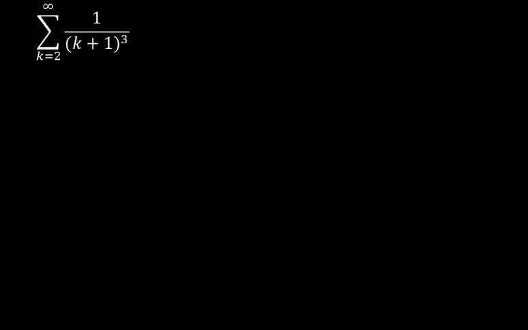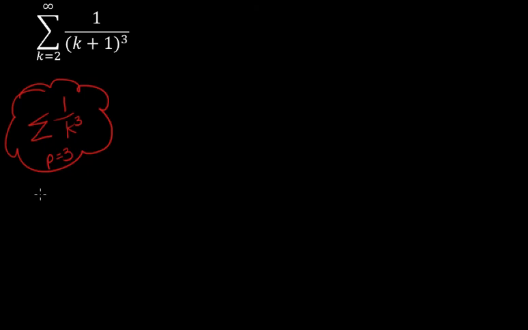Okay, so let's look at this. What test would you want to use? Well, you look at this and you think, well, the most powerful thing there is k cubed. So I'm thinking, could I use the comparison test, and use as my comparison series, sigma b sub n, just 1 over k cubed, which is a p series with p equals 3.